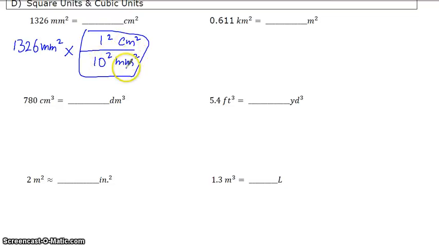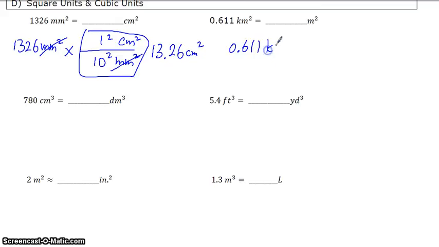One centimeter is 10 millimeters, but 1 centimeter squared is 100 millimeters squared. You need to square the number. You use the same unit conversion, but you square the numbers. This way, the units cancel out, and then you divide by 100. So it's 13.26 centimeters squared. This is how you do the unit conversions.